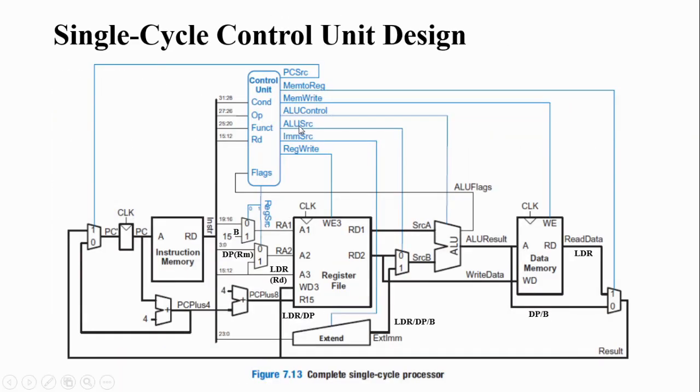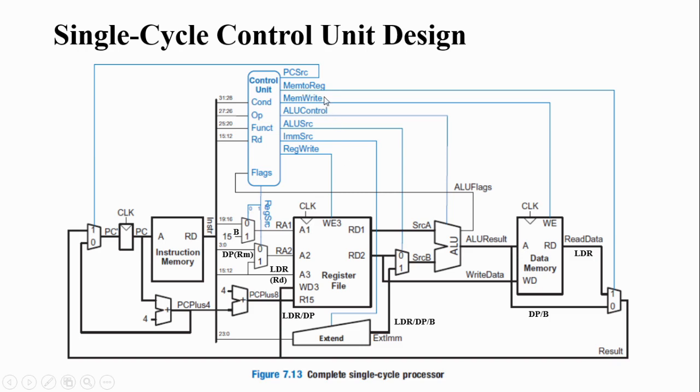ALU source is used for selecting the second operand, whether it should be read from the register file or from the sign extended immediate value. Immediate source is for selecting the type of sign extension you need, whether it is 8-bit, 12-bit, or 24-bit sign extension.